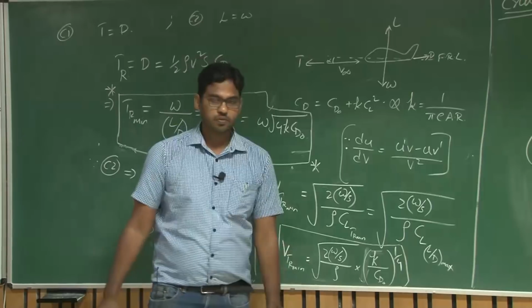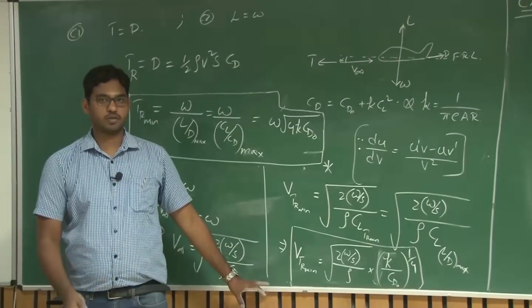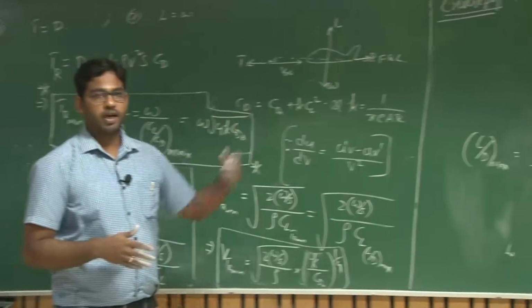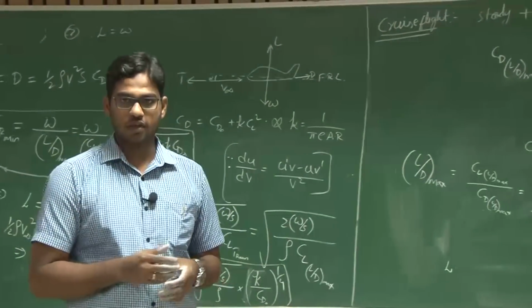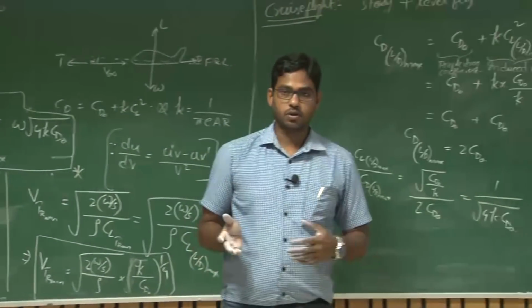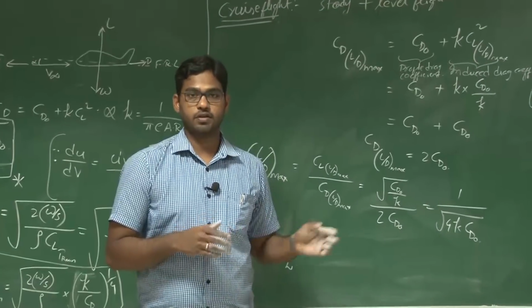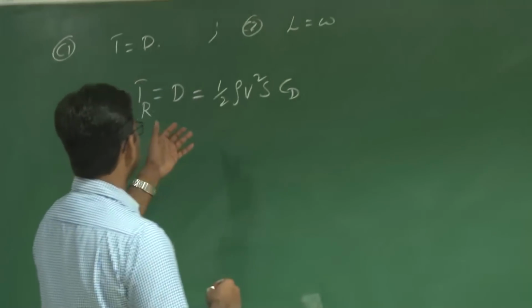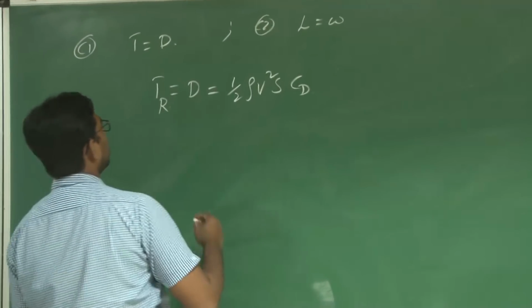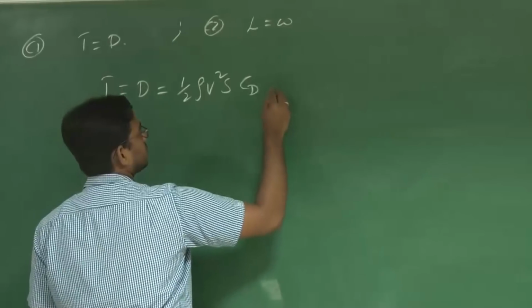Say you don't want to fly at this minimum thrust required velocity, since your mission may demand you to fly at a different velocity, right? So what should be the solution? What will be the corresponding thrust required there? We'll discuss that right now. Now let's have a closer look at this equation. C1: thrust required is equal to drag, which is half rho V square S CD.